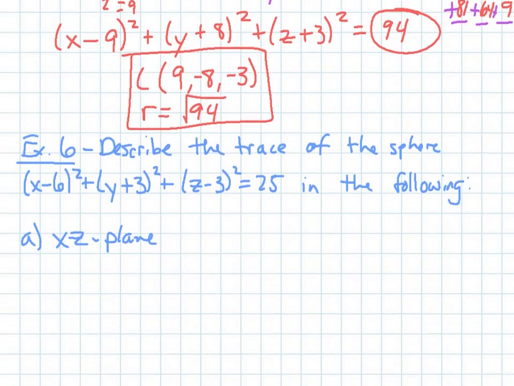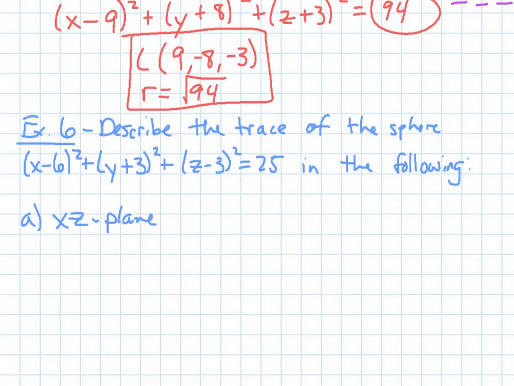Example 6 says describe the trace of the sphere. What that means is find the equation of the outline. If I have a sphere and we cut it in half, like if you take an orange and cut it in half, you're looking at the circumference of the edge.